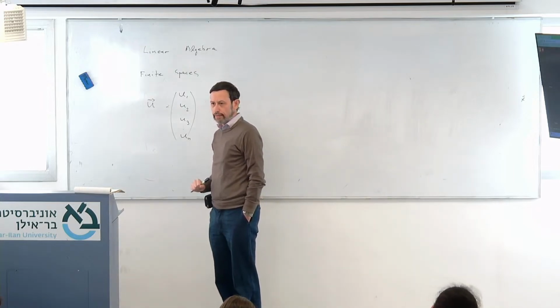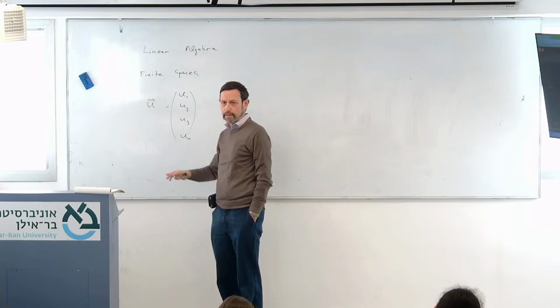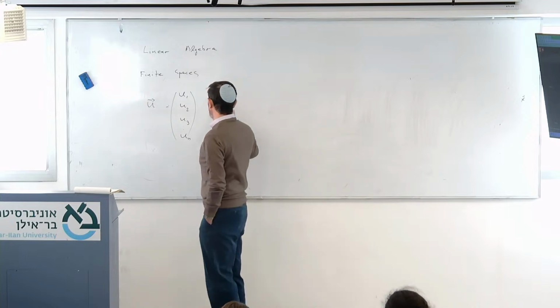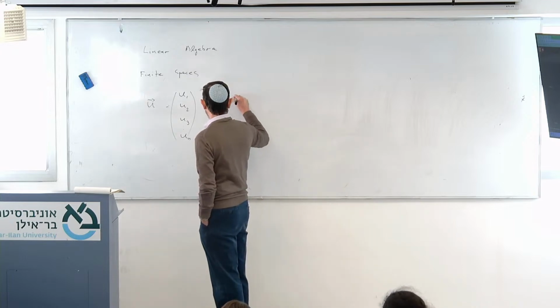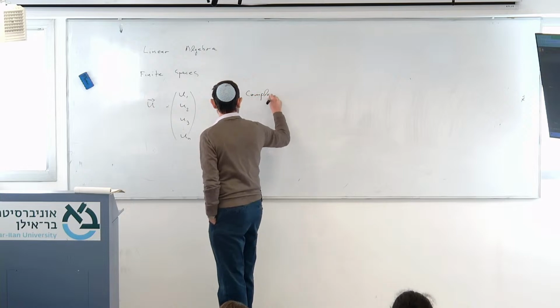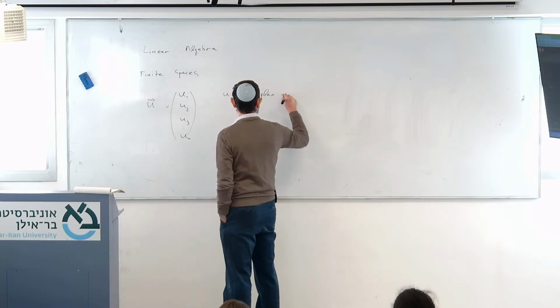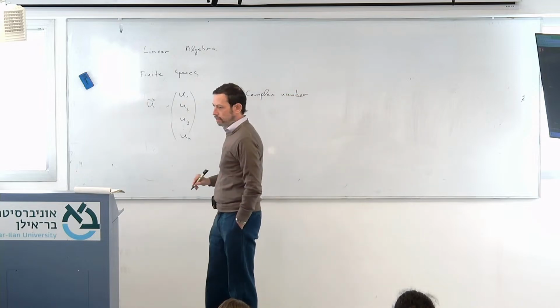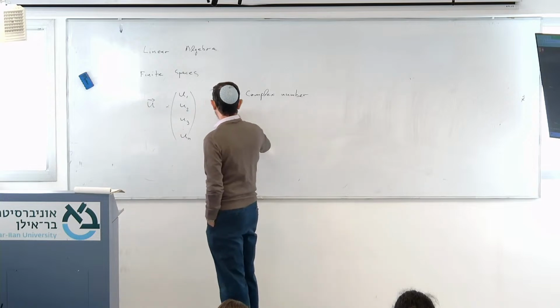The only thing I have to know about the elements is that they are complex numbers. So u_i is a complex number, and n is the dimensionality.